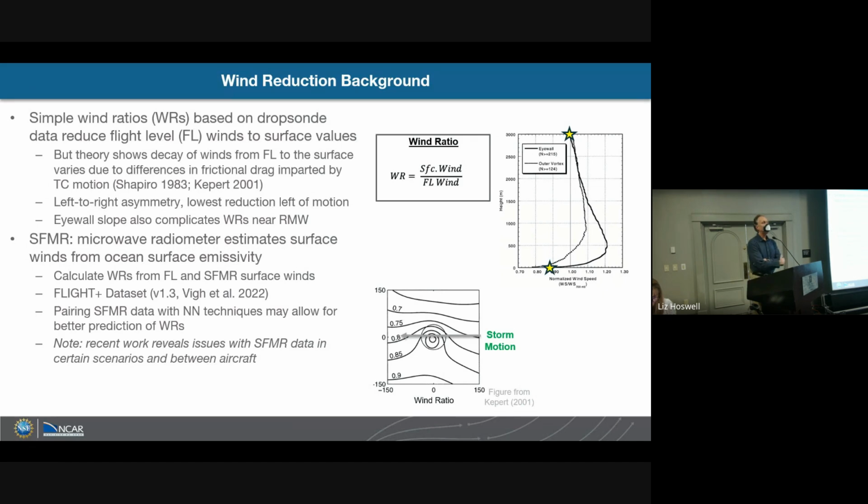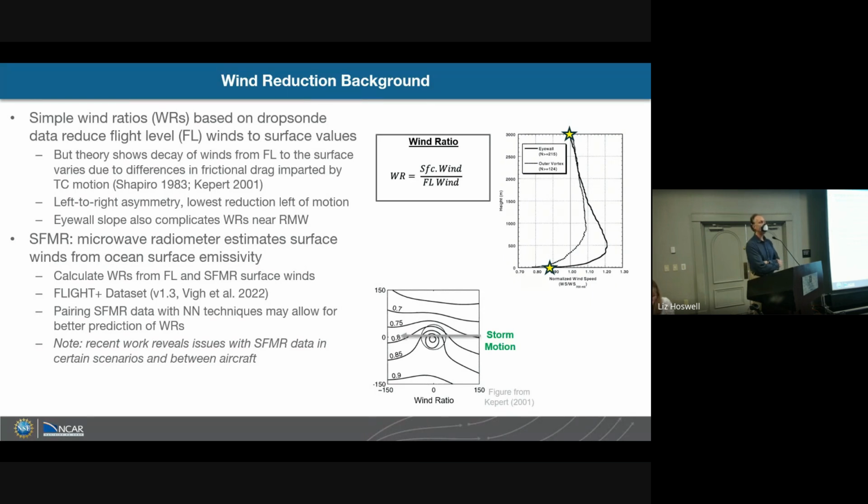And we know that there's theoretical considerations. There's factors such as drag related to the storm translation, left-right asymmetry, and also eyewall slope. And then there's this wonderful instrument, which we heard a lot about today, called SFMR, which estimates the surface winds from ocean surface emissivity. And when we were putting this project together, we thought, wow, this is great.